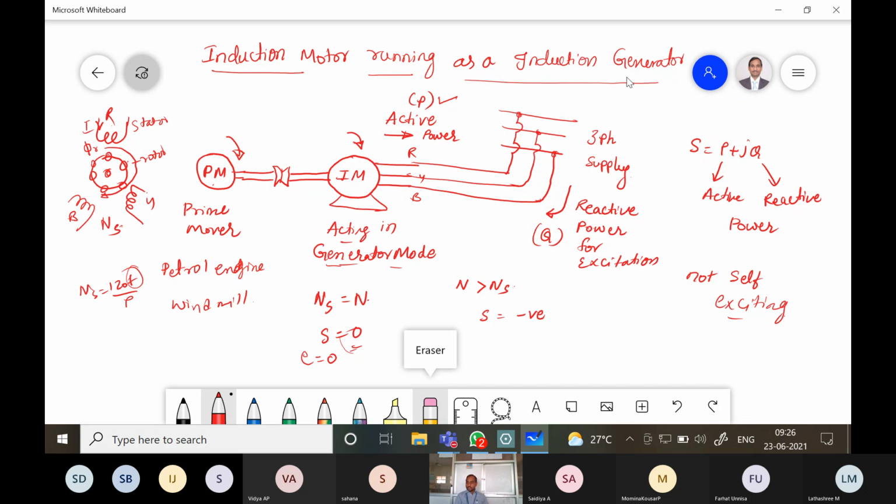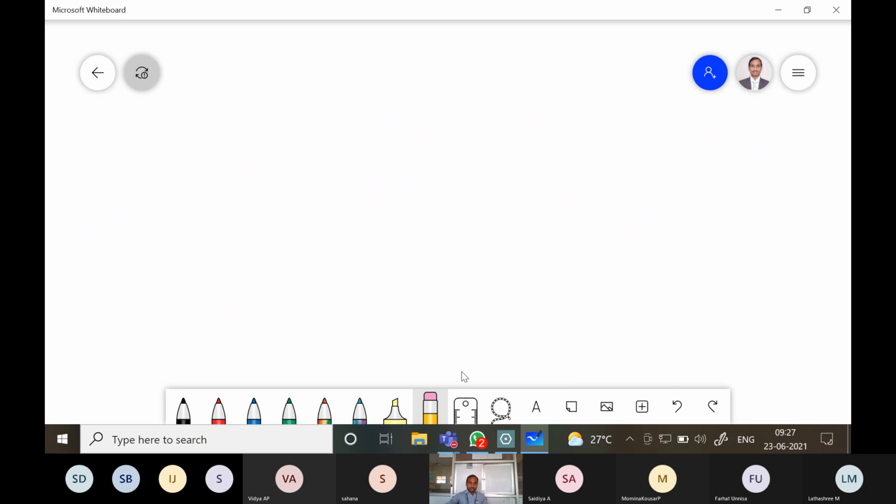Now we'll look at the phasor diagram for the induction generator. How do we draw the phasor diagram for this induction generator? I will draw the phasor diagram now.